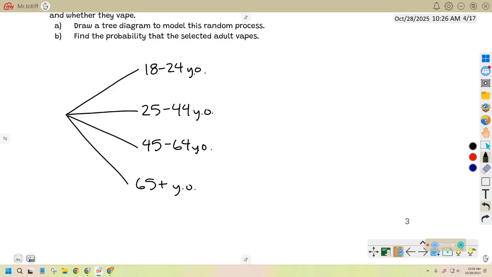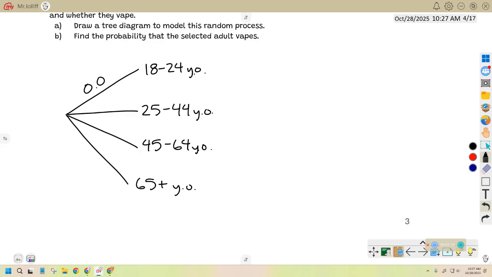Okay. And then I'm going to record for each of those branches what proportion of US adults fall in that category. So US Census Bureau, 9% are 18 to 24.